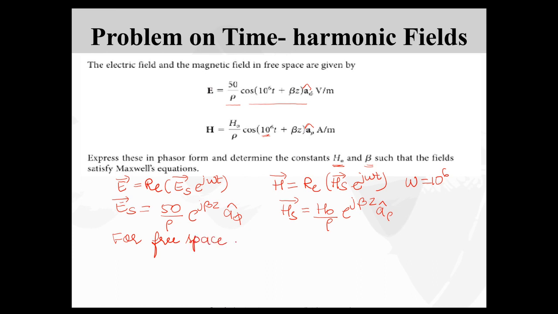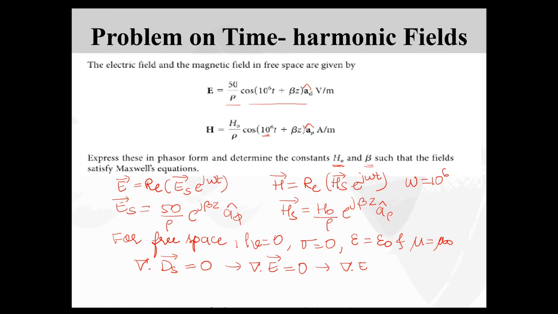For free space, as we know, rho v is always equal to 0. There is no conduction in free space, so sigma, the conductivity, will be equal to 0, epsilon is equal to epsilon naught, and mu will be equal to mu naught. So by using all these values and also phasors, I can write del dot Ds is 0 because rho v is 0, and this leads to del dot E being equal to 0, which implies del dot Es, in its phasor form, is also equal to 0.